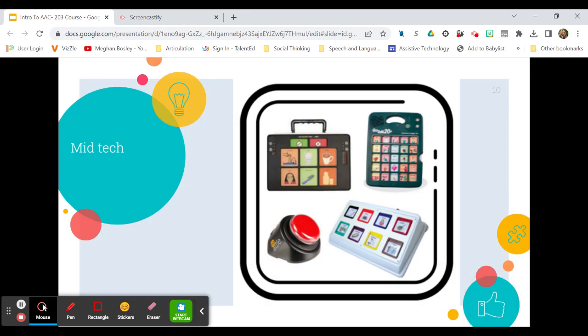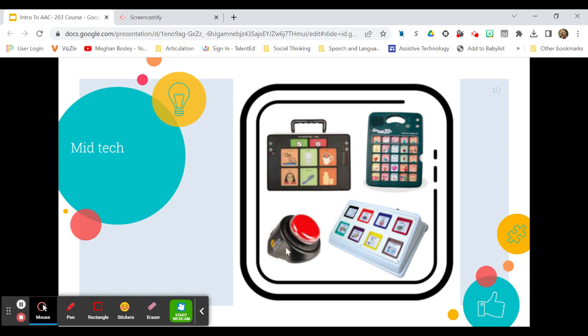Mid tech would be kind of in between a low tech and high tech system, in that these are devices that are battery operated. You can record your own voice and interchange. Some of these have different overlays that you could change and different levels to provide the student with some vocabulary, but you're able to still give them that voice output, which sometimes is really powerful, and that's what's motivating for them.